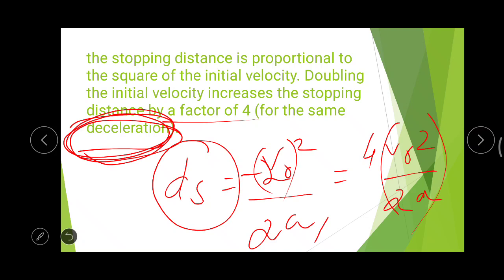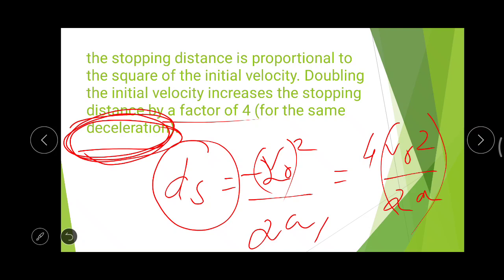So 2 example questions we did not discuss. One is Galileo's one, and the last one is the reflex time or reaction time. Just go through those 2 examples, actually both are easy and direct applications of the kinematic equations. Try that out as well.